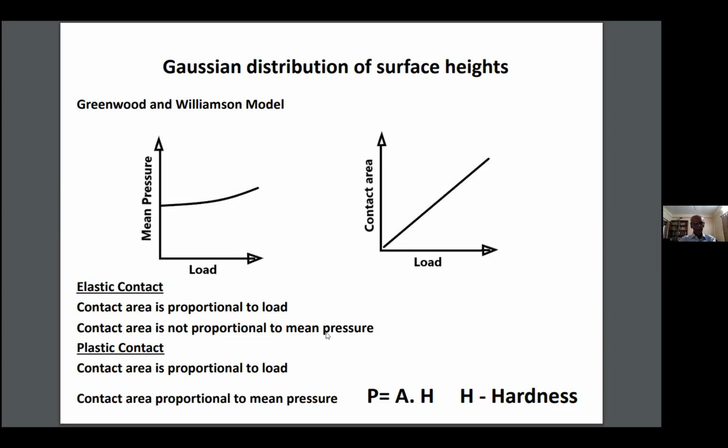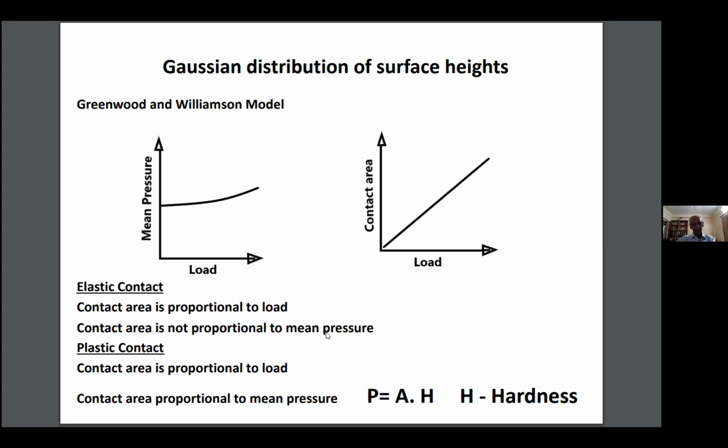But for elastic contact, it was a very difficult thing to decide. In fact, in the 50s and 60s, this was a very big issue in the tribological sphere, where they were trying to understand what happens in the elastic contact between two elastic rough surfaces.